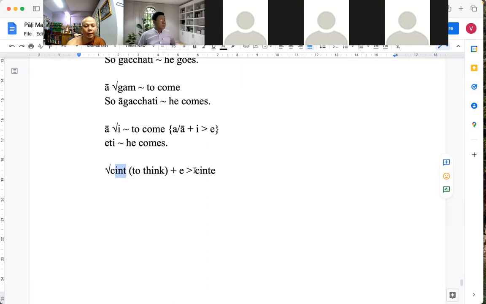It is not changed to A because it is followed by conjunct consonants or double consonants. Only when followed by a single consonant does the root vowel change: R to R, EE to A, OO to O.